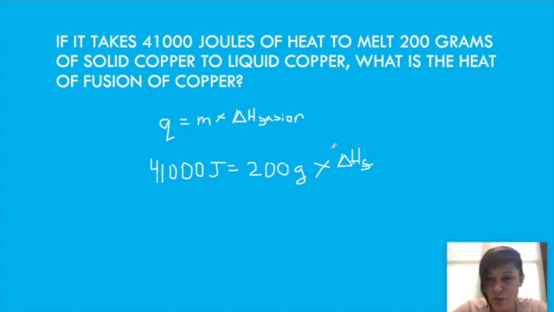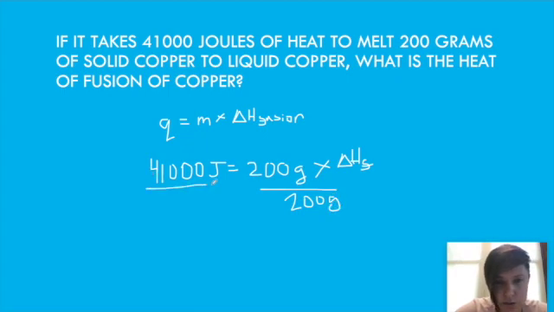Because we're multiplying here, we have to divide both sides by 200 grams to get this delta H by itself. When we type 41,000 divided by 200 into our calculator, we get 205.